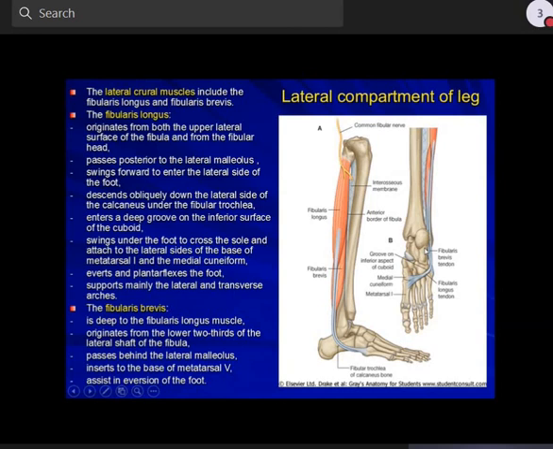Acting on the ankle joint, they are responsible for plantar flexion because they pass behind the fulcrum. So plantar flexion. Acting on the subtalar joint, they are responsible for dorsal flexion. It's very important. Dorsal flexion, abduction, and eversion, elevation of the lateral border.